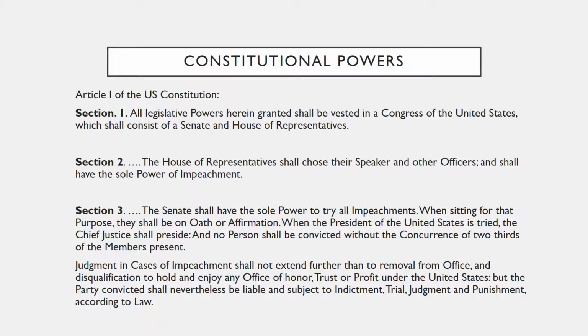The House of Representatives shall choose their speaker and other officers and have the power of impeachment. This doesn't necessarily speak to foreign policy, but it does speak to influence. The House chooses its own leadership, thus its own priorities, its own policy goals.